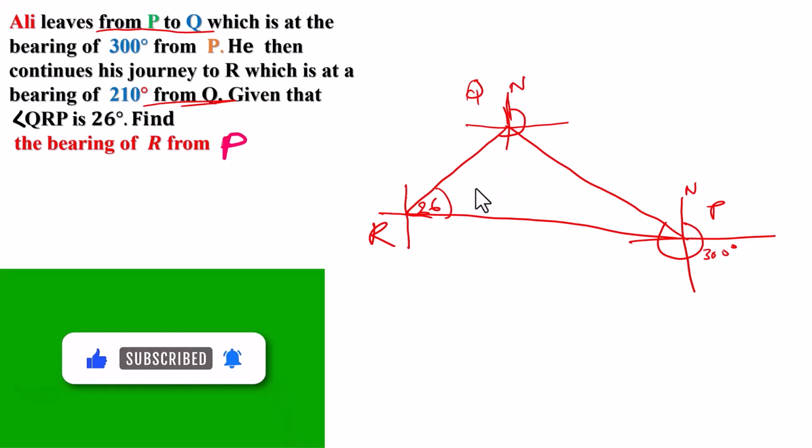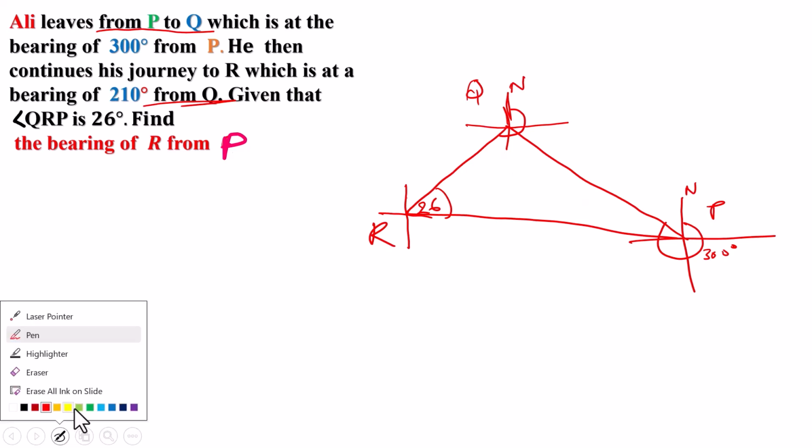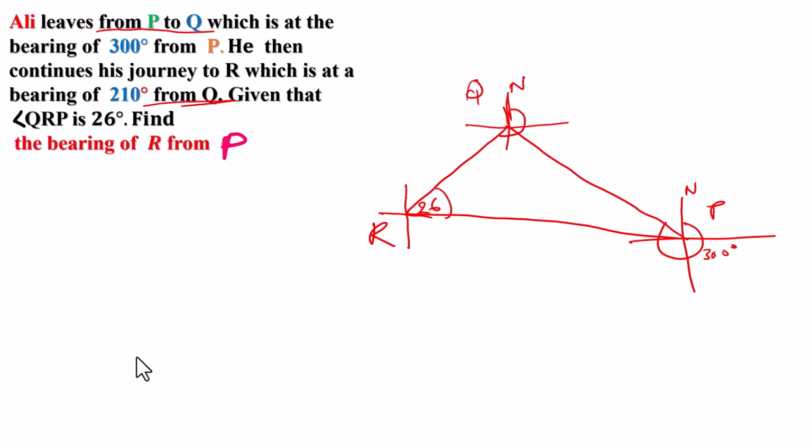All right, so let's look at the angles here one by one and observe this carefully. This side is 210. Everything here is 210, that's the red line. This side is 300.